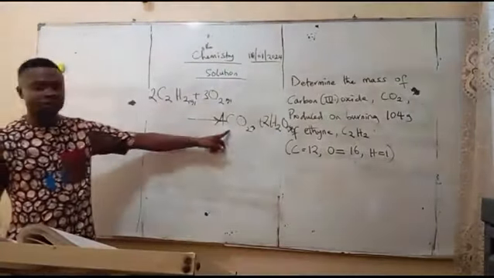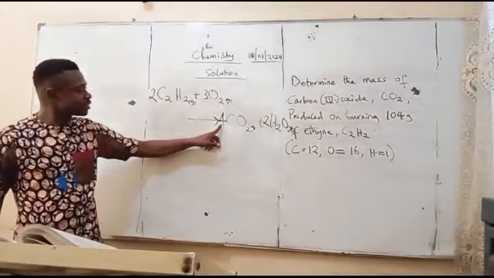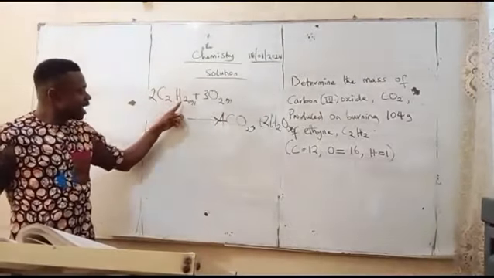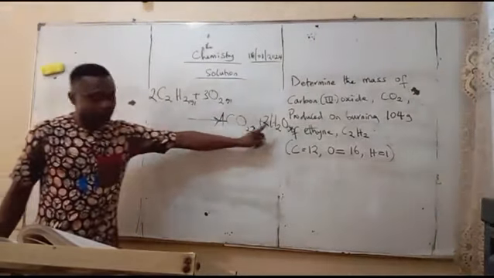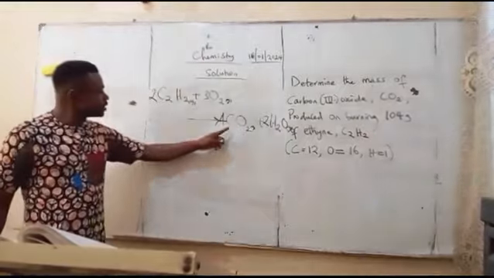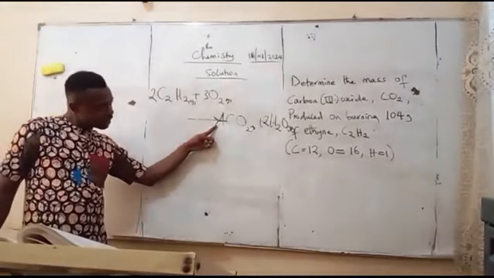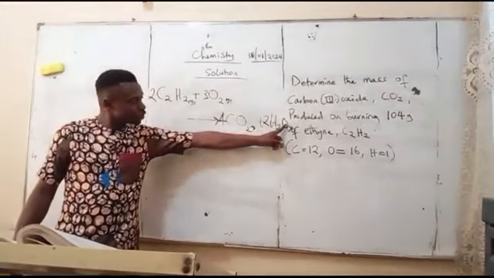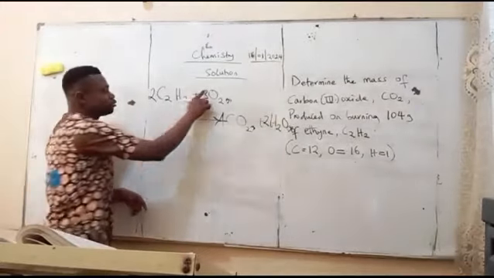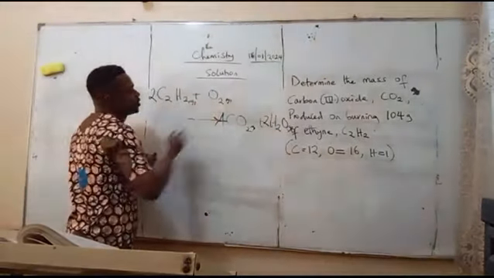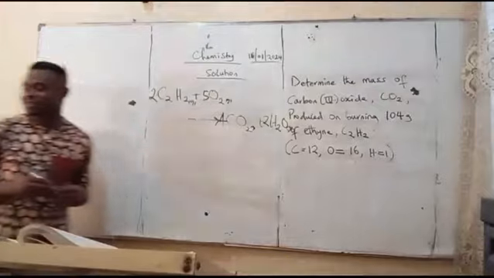So if here is 4 now, carbon becomes 4, hydrogen becomes what? 4, correct. Oxygen 8 plus 2, 10. So here should be what? 5. So 5 comes here. Is it balanced now? It's balanced.